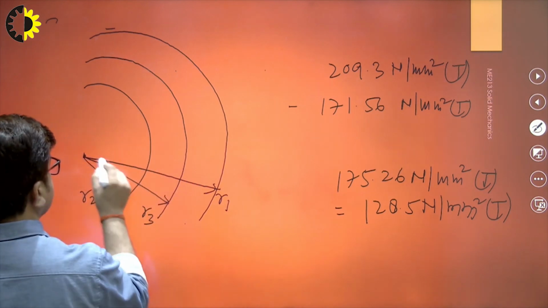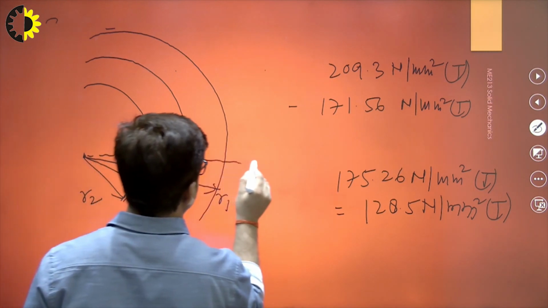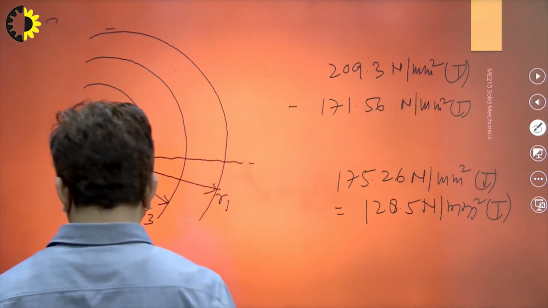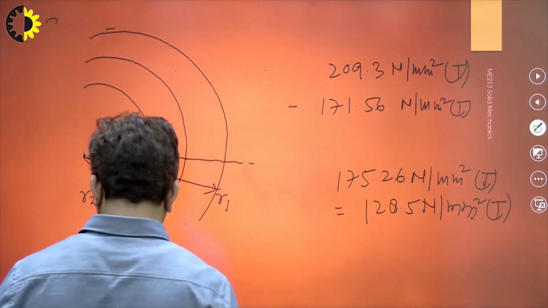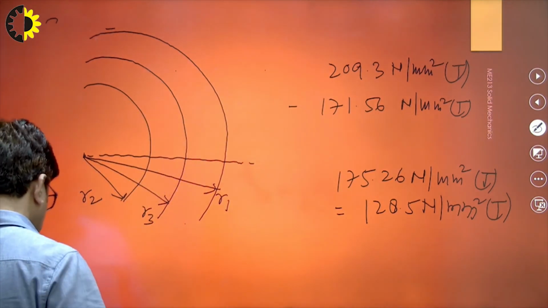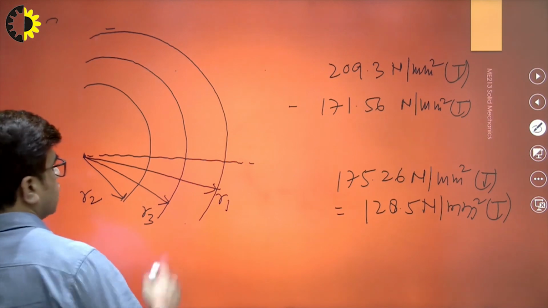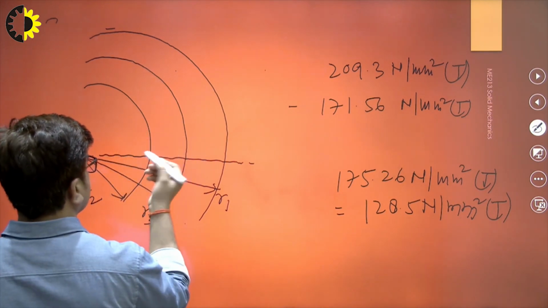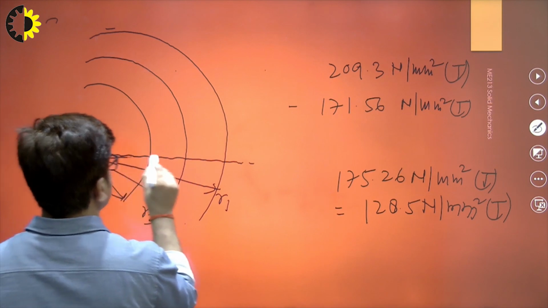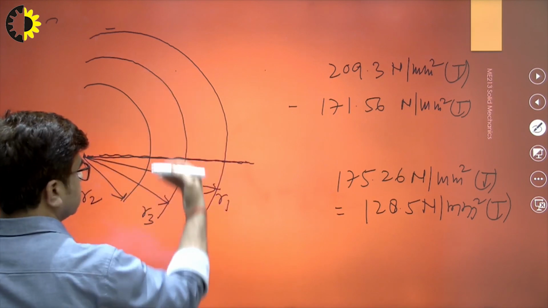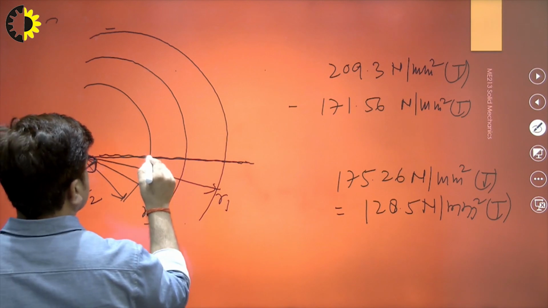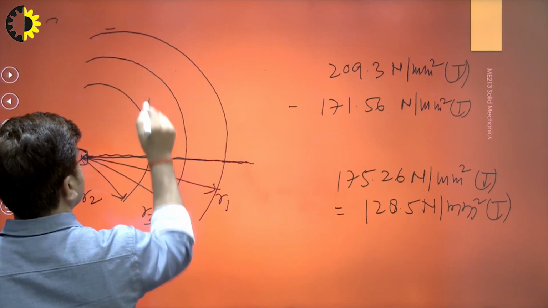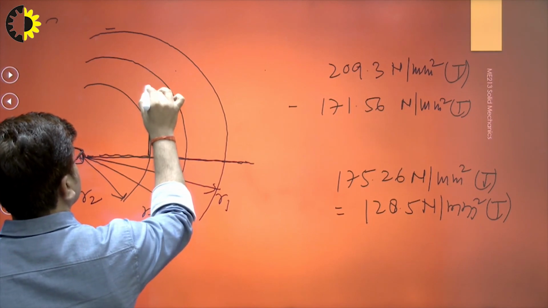If this is the center, I observe that for the inner tube, at the inner radius, hoop stress is 175. I can plot. Above this I will take positive values and below this negative.